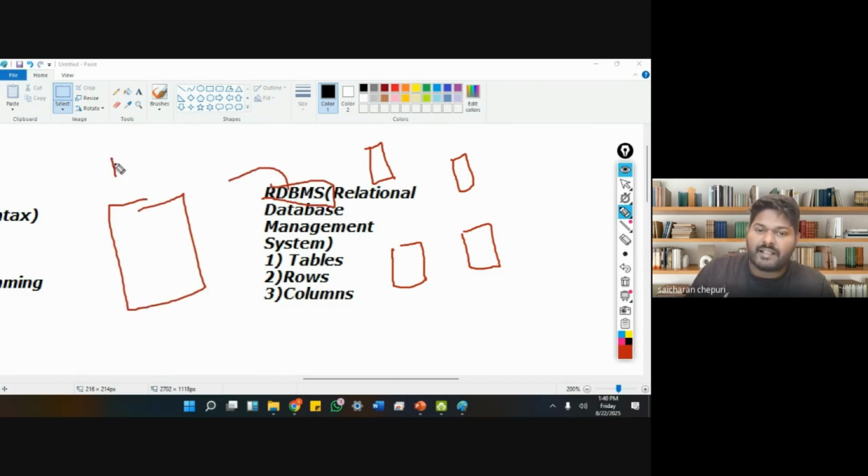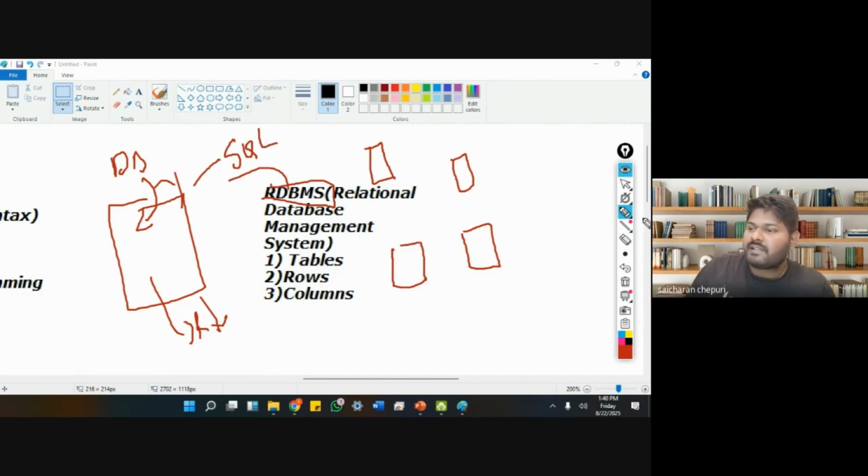We create a database to store the data and to also retrieve the data. So storing the data and also on top of it retrieving the data. So with the help of RDBMS concepts, we are able to create a database inside the SQL server. It can be Oracle server, anything. And to access this data, to store the data and to retrieve the data, we use a language called SQL.